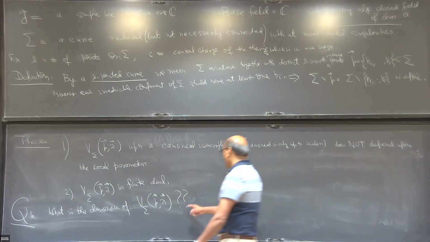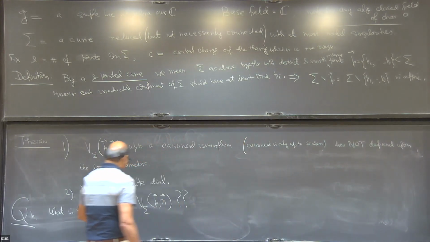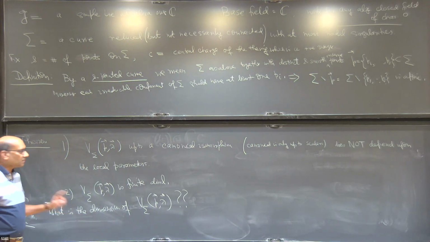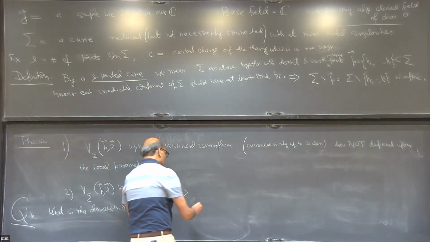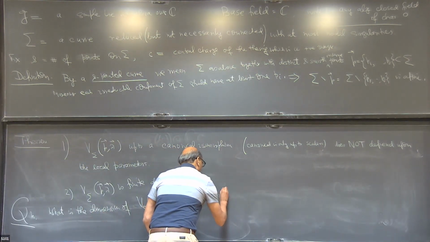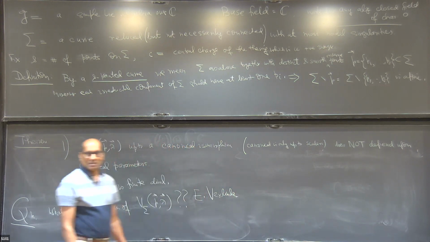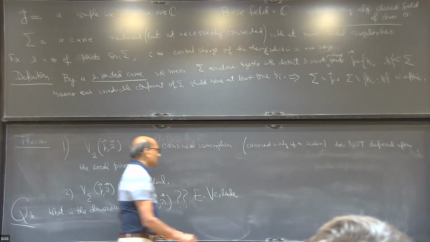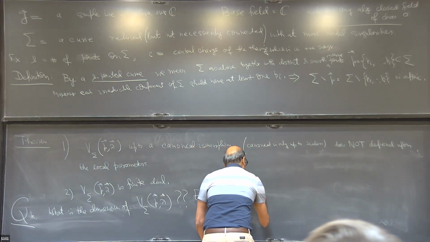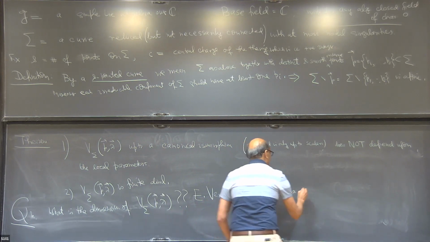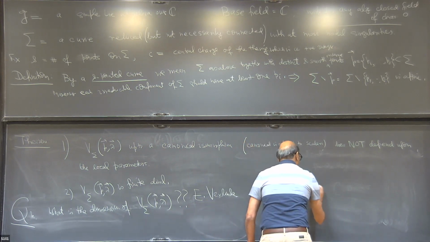So I will not write down the answer right now, but I will write it down at some point. In any case, Verlinde, and I should specify this is Eric Verlinde, gave a formula for its dimension.